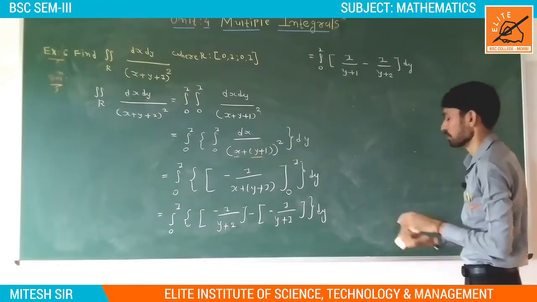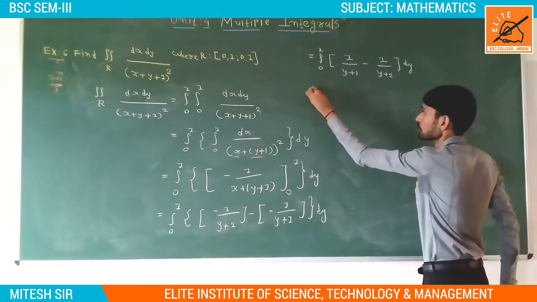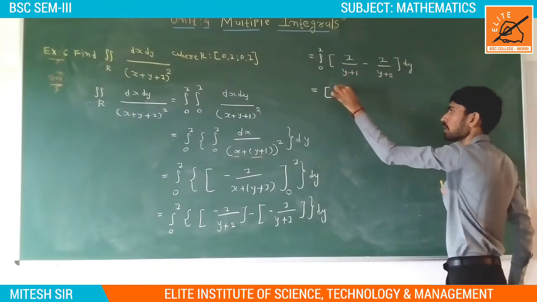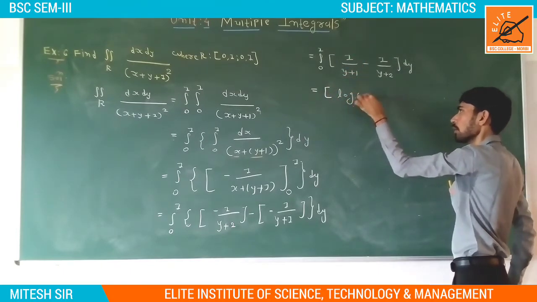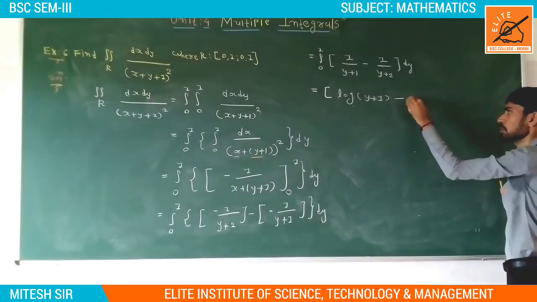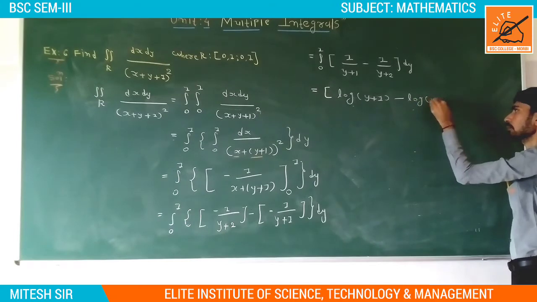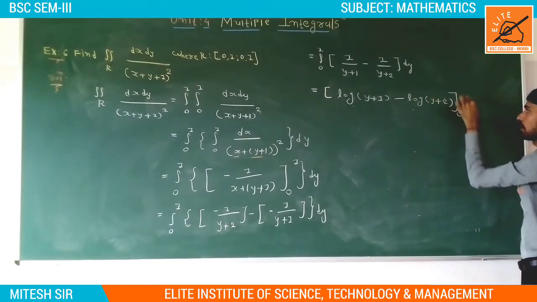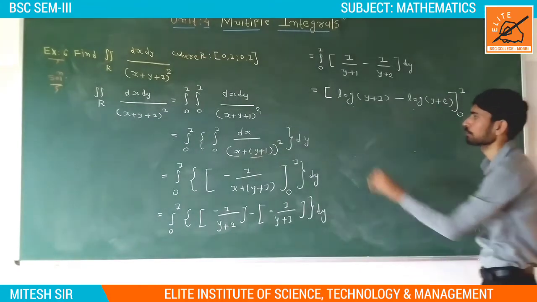So let's do the integration. Integration of 1 upon y plus 1 is log y plus 1 minus integration of 1 upon y plus 2, which is log y plus 2, and we apply the limit 0 to 1.